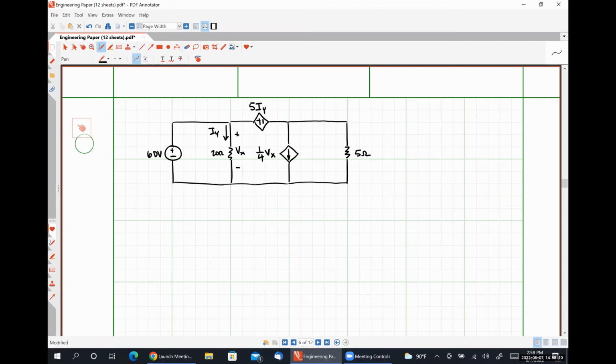And our ultimate goal here will be to determine the power supplied by our current controlled voltage source and the power supplied by our voltage controlled current source.